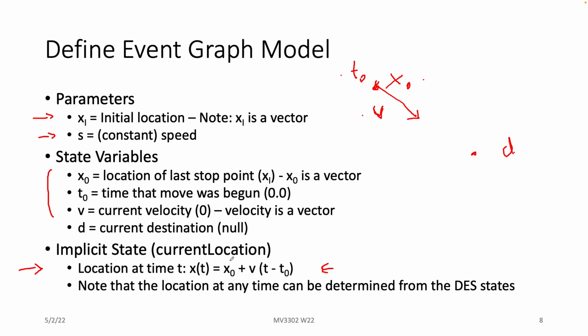If I began at this location, at this time, at this velocity, and it's now this time, then this equation gives me exactly where I am. In other words, the location at any given time can be determined from the discrete event states.